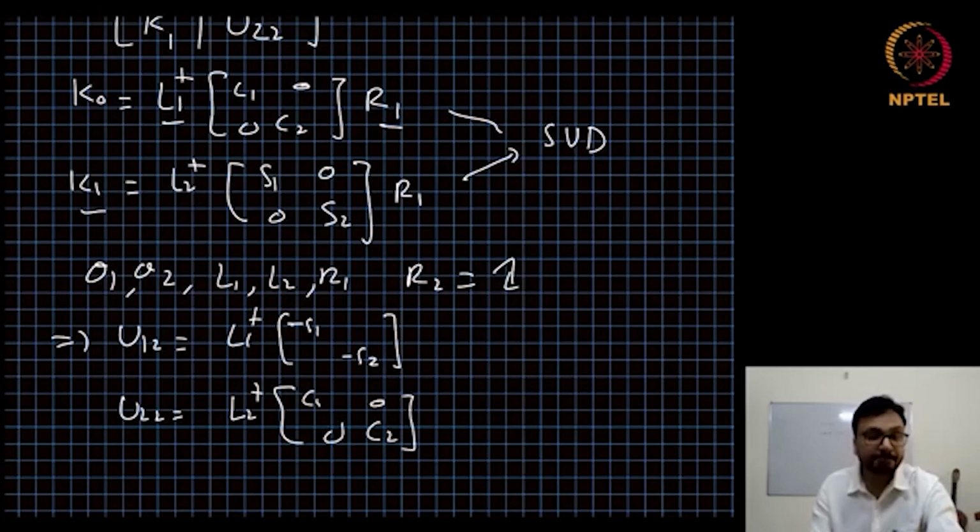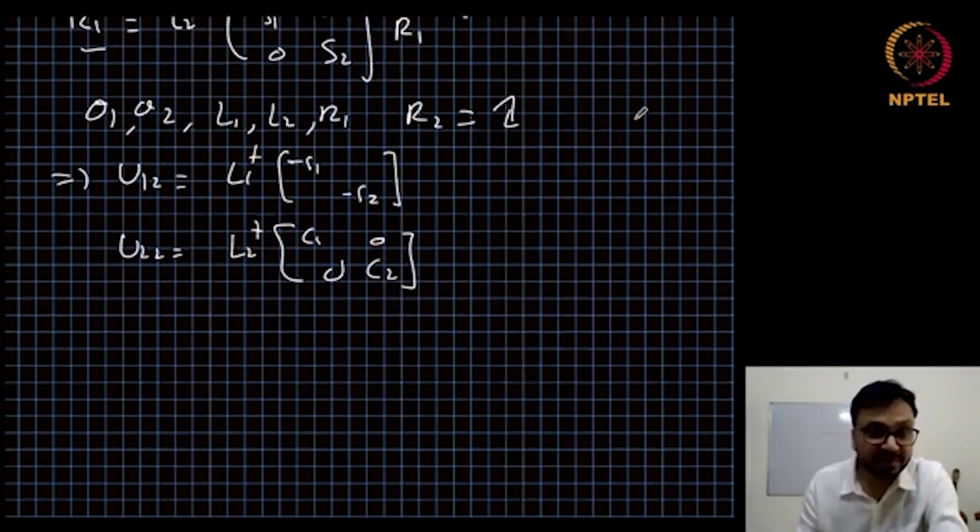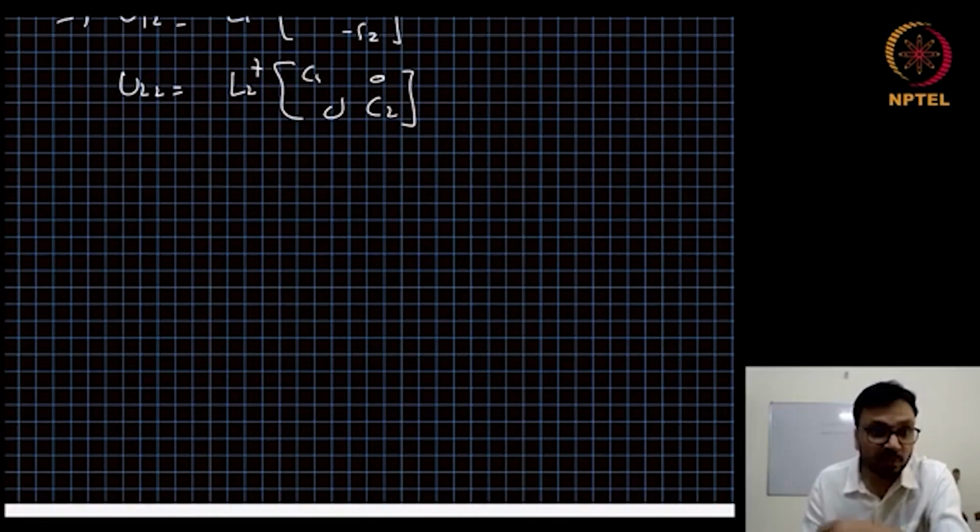So in that way, by choosing R2 to be identity, we have made U12 and U22 easy. It's no longer arbitrary. It's the simplest we can find in our setup. Maybe if we use a different scheme to implement the unitaries, we can choose R2 to be different, so that U12 and U22 are easier to implement, and the whole scheme will look like the following.